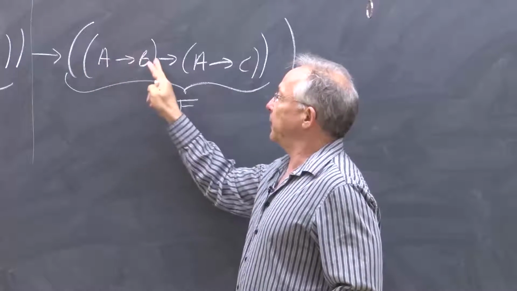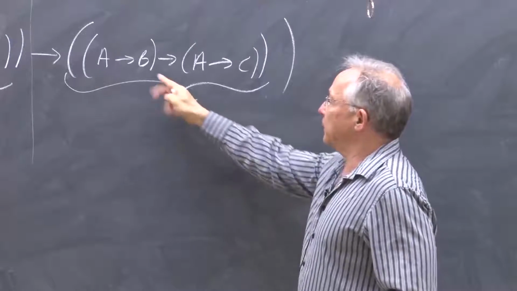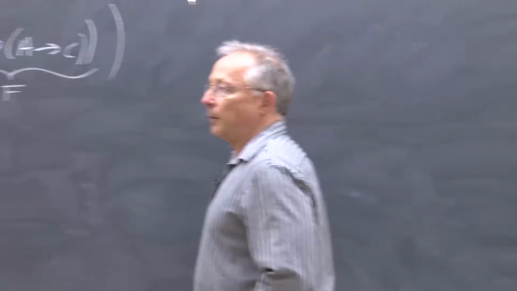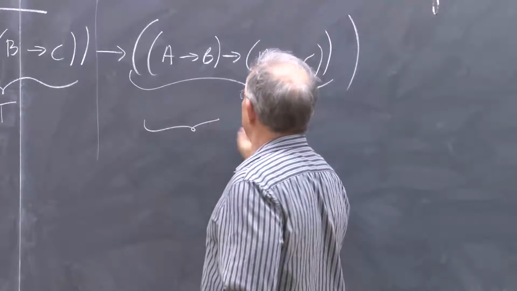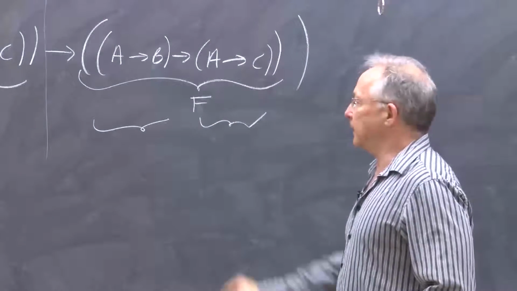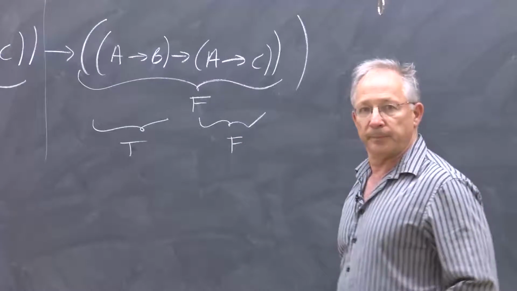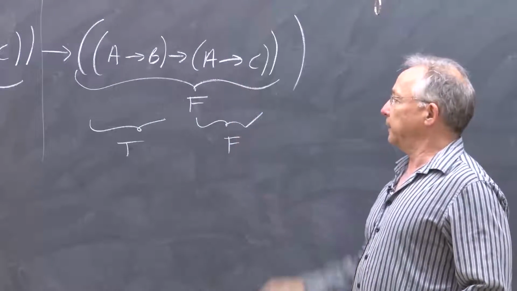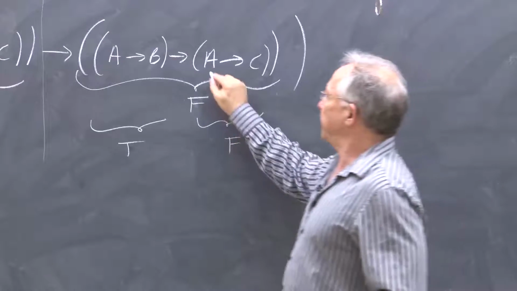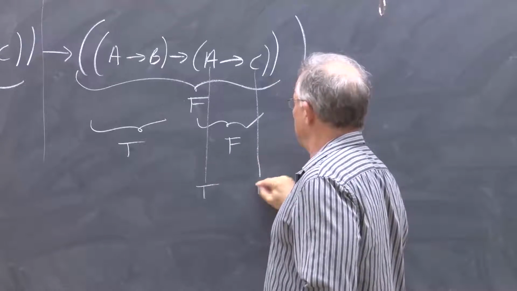I count +1, 0. This is the main connective here. So again, the main connective is arrow. So I have here, this guy implies this guy. And the only way this could be false is if this guy is true and this guy is false. And again, the main connective here is an arrow. So the only way that this would happen is if A was true and C was false.